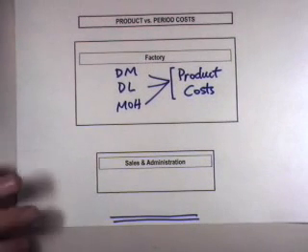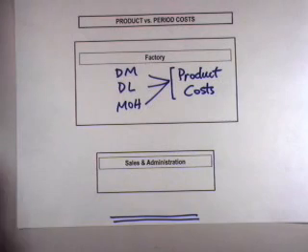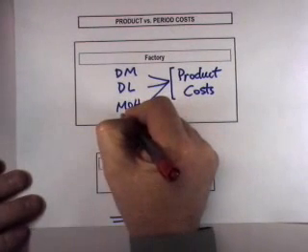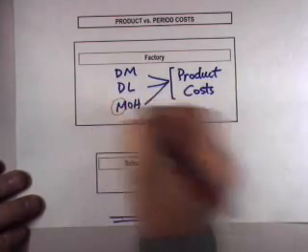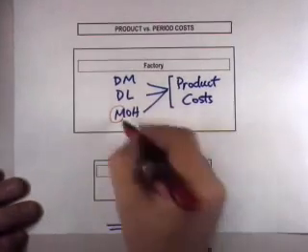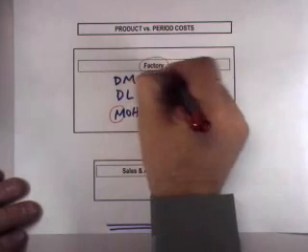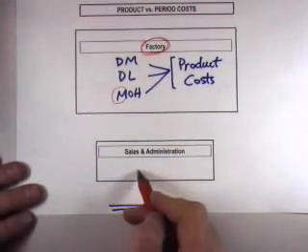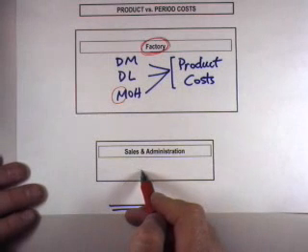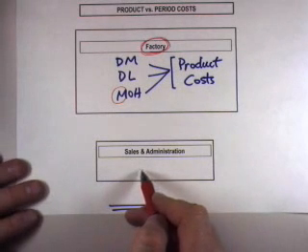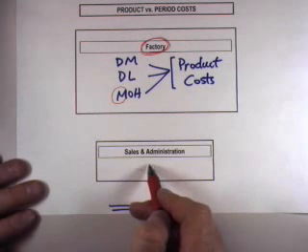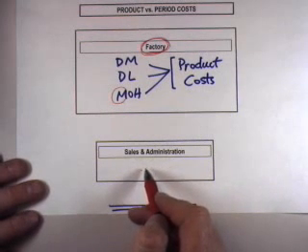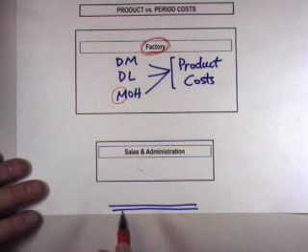But it's not just called overhead, it's particularly called manufacturing overhead because it's overhead that is related to just the factory. There is overhead also down here in the sales and administrative section of the company, but that would not be called manufacturing overhead. It would just be called overhead.